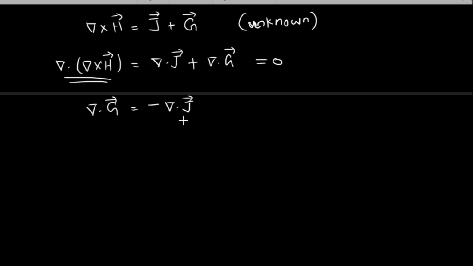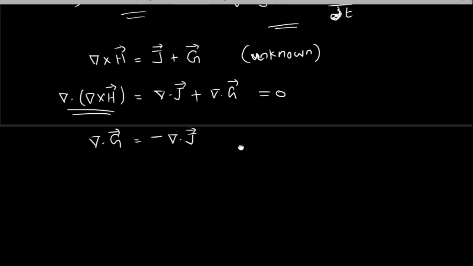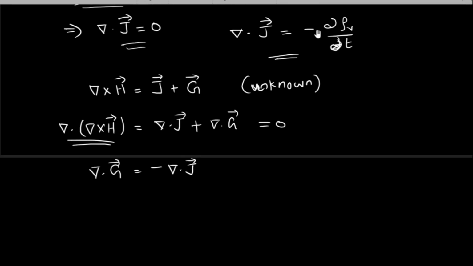Now I'll apply the continuity equation here. I know that del dot J is minus partial rho v by partial t, and we can agree with this equation in a time varying field also, even though it was derived in a non time varying field, because this equation explicitly tells you that rho v is time varying.